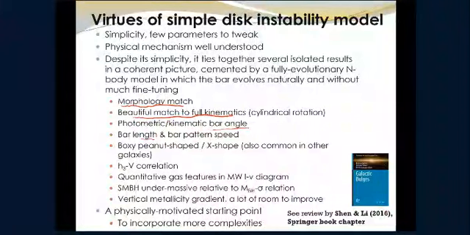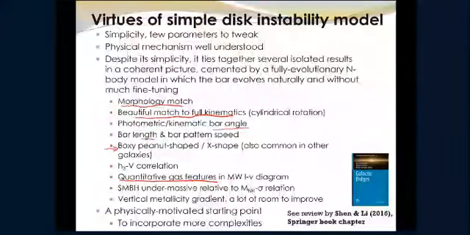I think, very importantly, you can naturally form a boxy peanut-shaped bulge, and this can explain the recent observations, and also quantitatively match the gas features in the Milky Way.